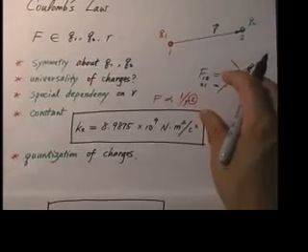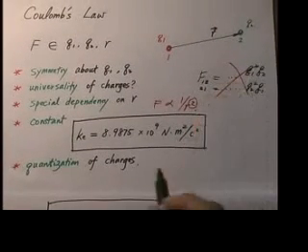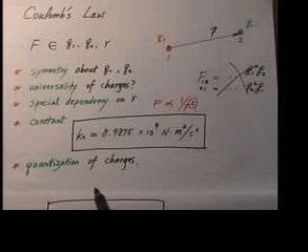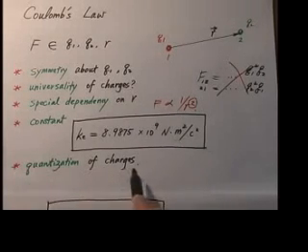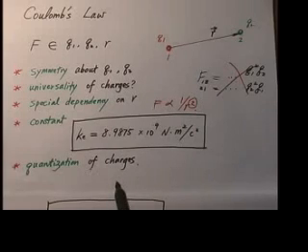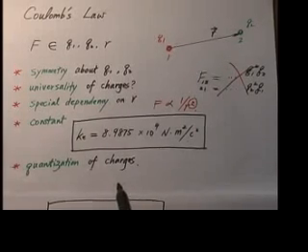Okay. Now, one more thing about charge that we should keep in mind. Unlike masses, there is a strange thing about charges, and that is that charges are quantized, the so-called quantization of charge. Now, what exactly does that mean? It means that according to our observation, all charges are multiples of a fundamental value.